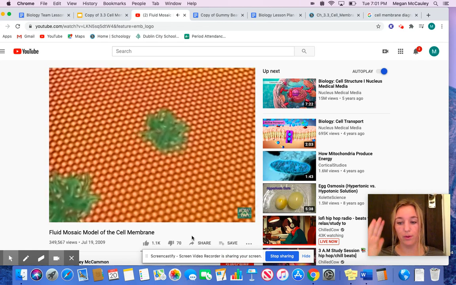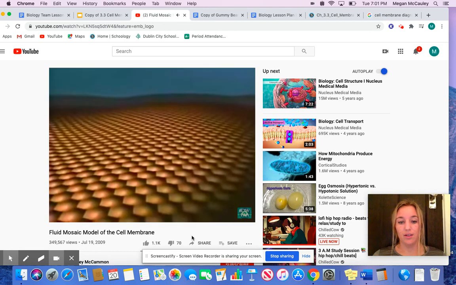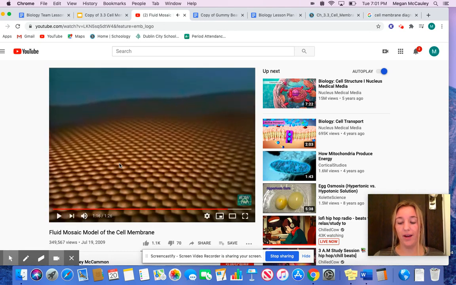That's that fluid mosaic, right? So you have a fluidity, so it's moving, it's fluid, but the mosaic, meaning you have cholesterols, proteins, fatty acid phospholipids, so it's like that mosaic look in art where you have little tiny pieces all put together to make this beautiful picture, right?